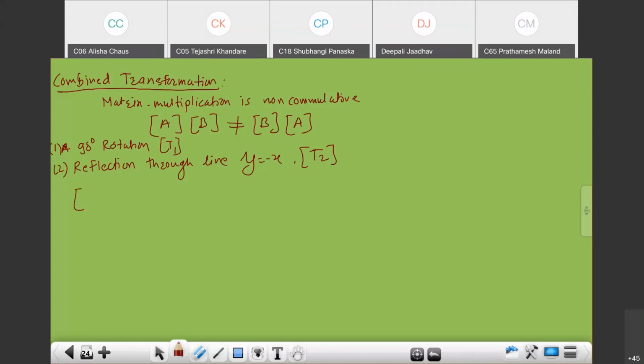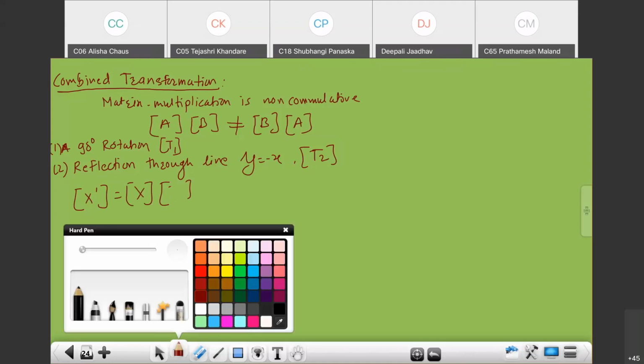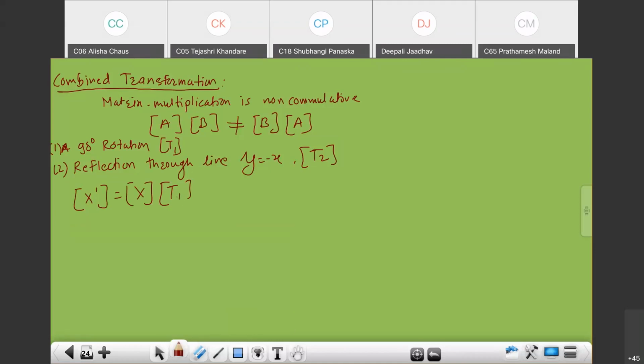The first result x dash is the original point x multiplied with T1. The original coordinate, what are the original coordinate? Vector xy.